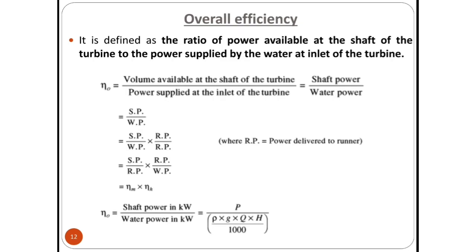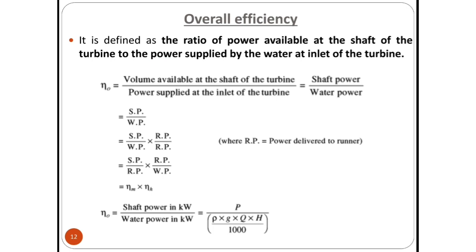So going to the last efficiency, that is overall efficiency. In the hydraulic machine, that is in the turbine, initially there will be hydraulic energy, and at the end it will be converted into mechanical energy. It is defined as the ratio of power available at the shaft of the turbine to the power supplied by the water at the inlet of the turbine.